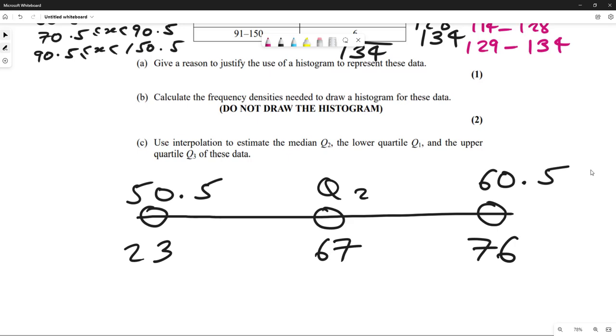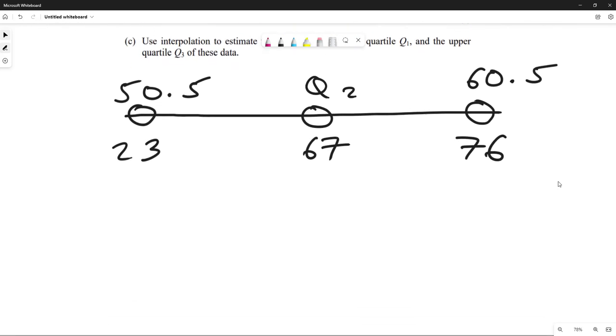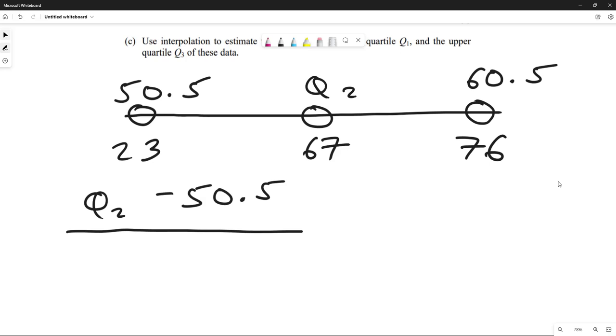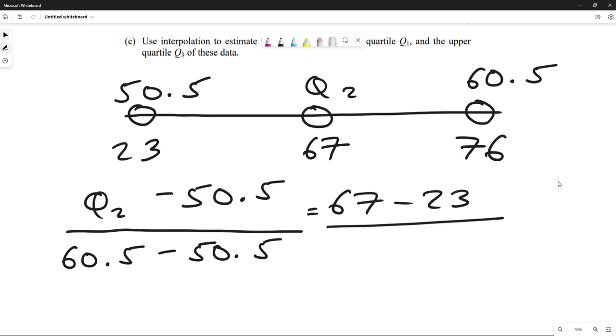Once you've got that, then we can use proportion. The way we're going to do it is Q2 minus 50.5 divided by 60.5 minus 50.5, and that must be identical to the bottom, which is going to be 67 minus 23 over 76 minus 23.